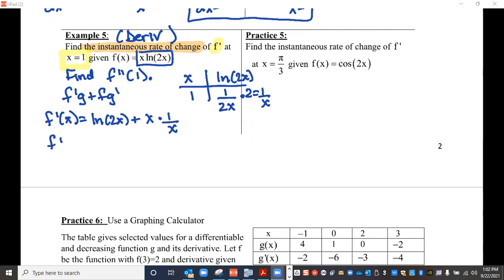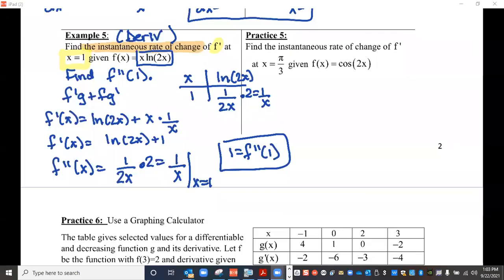Again, simplify this as much as you can. So this is going to be natural log of 2x plus 1. So any questions on how I found the first derivative? Go ahead and finish that for me. Find the second derivative and then evaluate it at x equals 1. Did everybody come up with a 1?